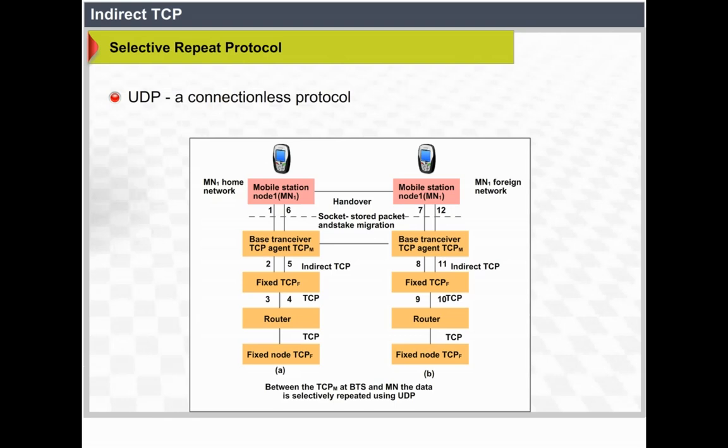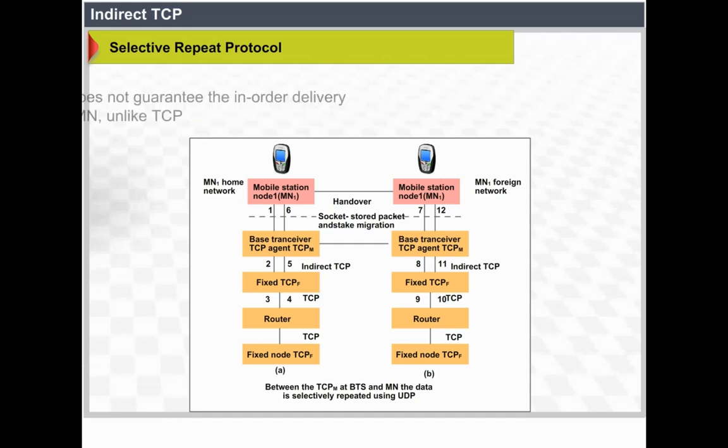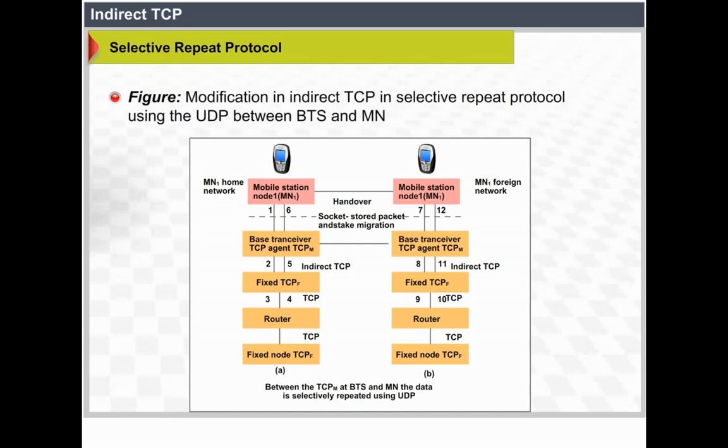UDP is a connection-less protocol. The selective repeat protocol does not guarantee in-order delivery between the BTS and the MN, unlike TCP. The figure shows the modification in indirect TCP in the selective repeat protocol using UDP between the BTS and MN.